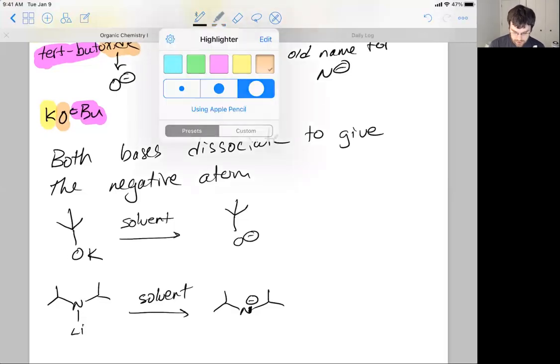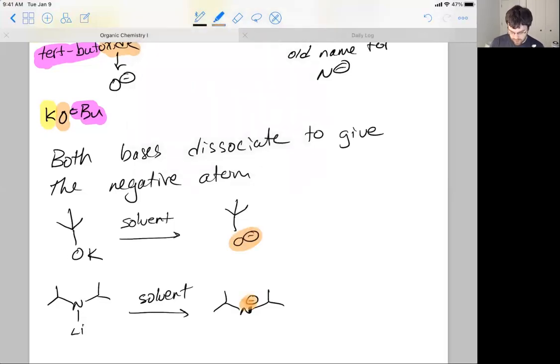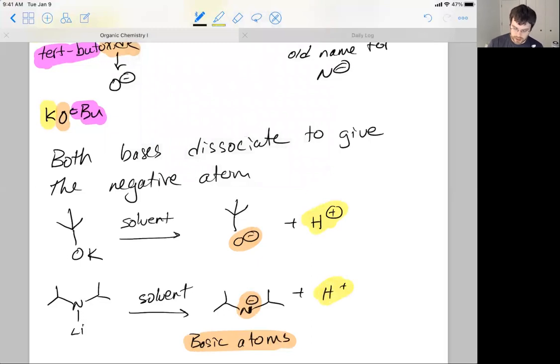Now, with these two formed, we have our basic atoms present. Basic atoms in this case means that these atoms desire to pick up an acidic hydrogen. So I've got here H+. H+ is the go-to acidic hydrogen.